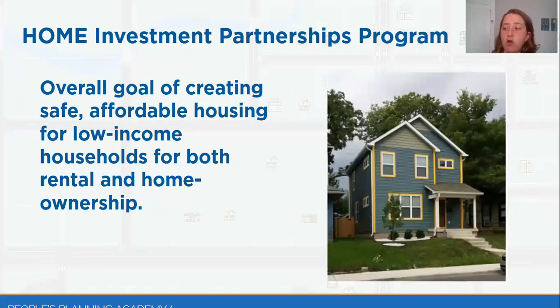And then we also have HOME, which, similar to CDBG, has HUD distribute money to participating local governments, which in turn distribute it to local organizations via an application process. HOME, as you may have assumed based on its acronym, is more narrowly focused on housing than CDBG, with an overall goal of creating safe, affordable housing for low-income households for both rental and homeownership.